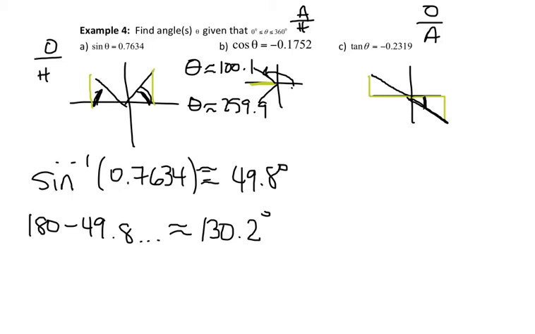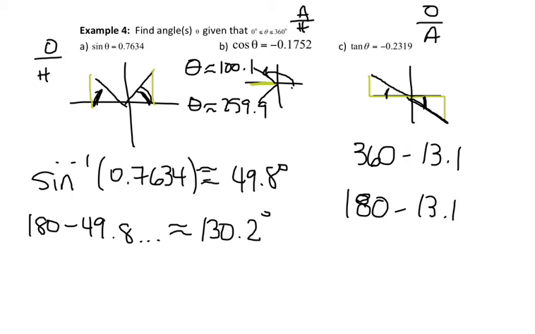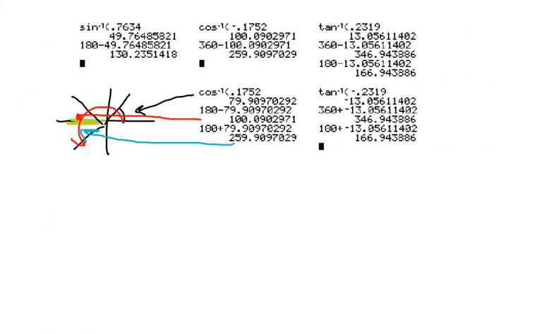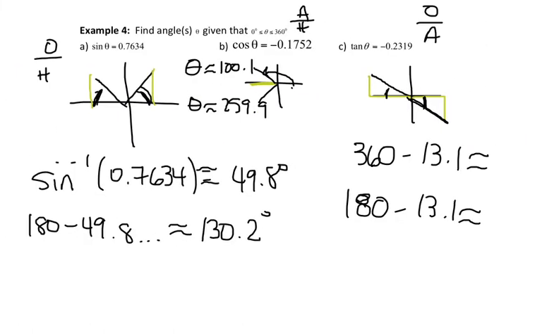So here I've got my distance of 13.1. So 360 minus 13.1, 180 minus 13.1 gives me my two theta values. 346.9, 166.9.